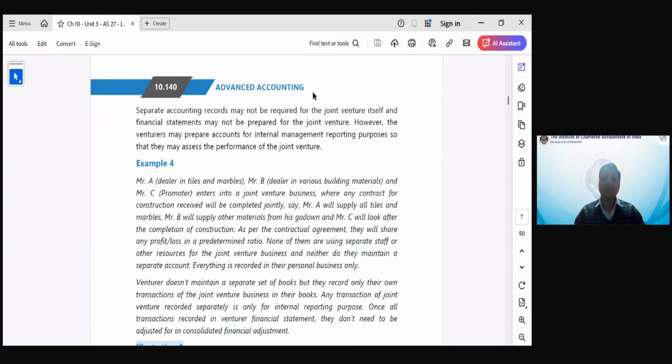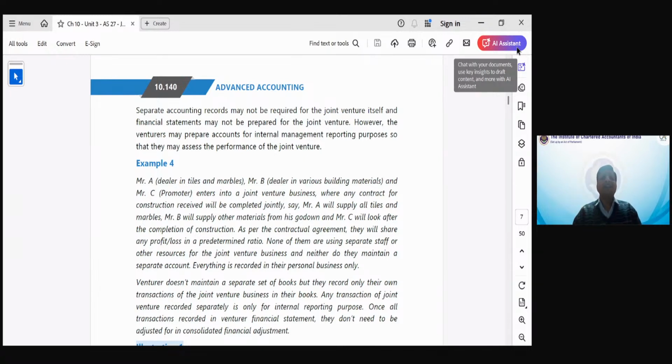Now, none of them are using separate staff or other resources for the JV business. Neither do they maintain a separate account. Everything is recorded in their personal business only. Now, the venturers, we are not talking about the JV, we are talking about the venturers.